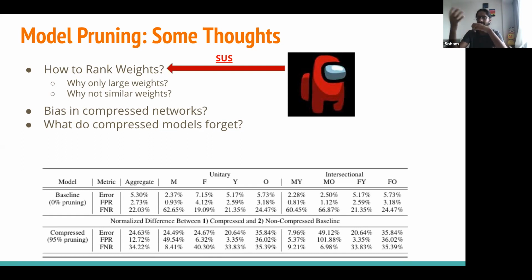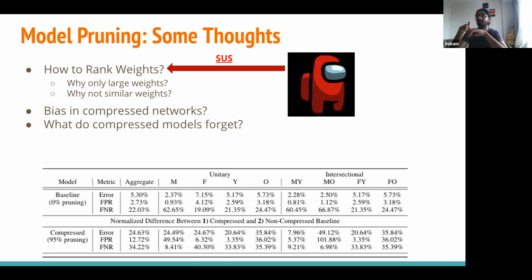The reason that in the literature they'll tell you is that high magnitude weights, when you multiply something with that, will create a higher output which has a higher chance of affecting the output of the neural network. That's the standard reason that people give to only prune out the low magnitude weights.